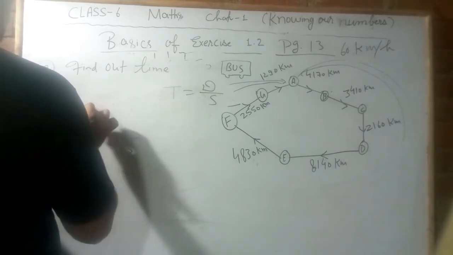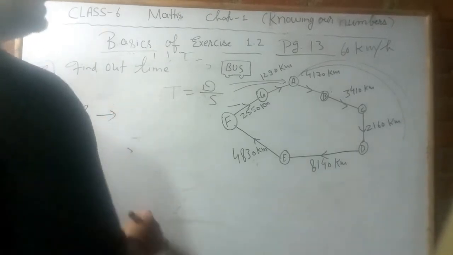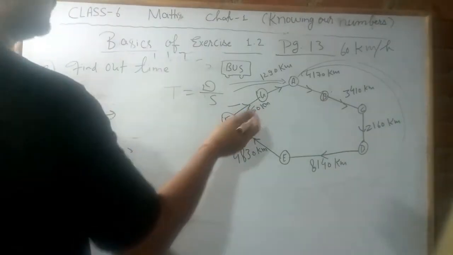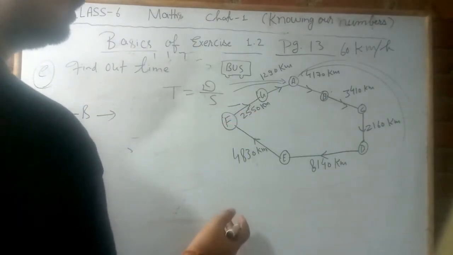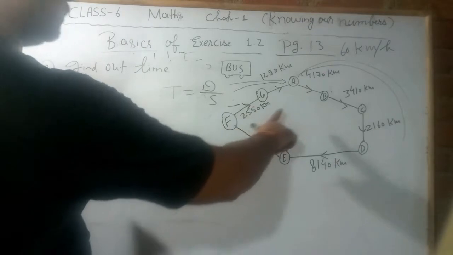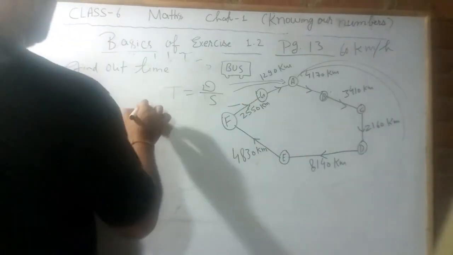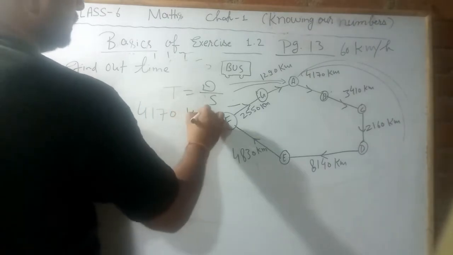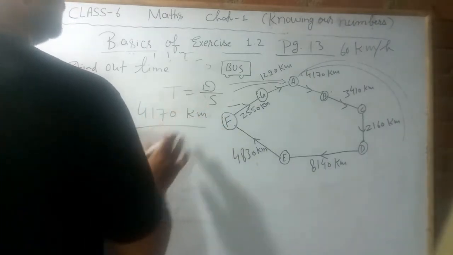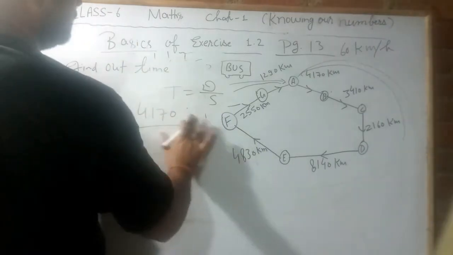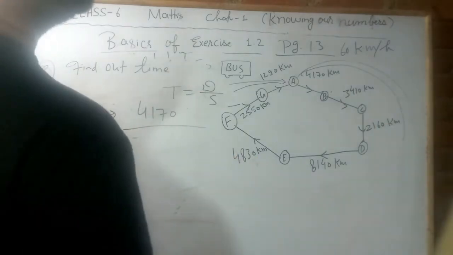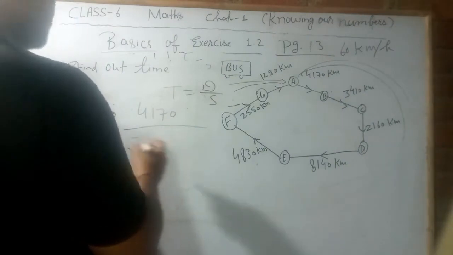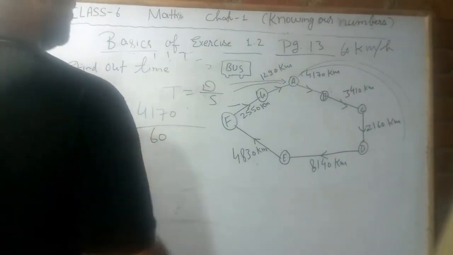So first of all we have to find the time for A to B. What is the distance between them? A to B, 4170 is given in kilometer. And don't write kilometer units like that here. And this one is given as 60. Clear?